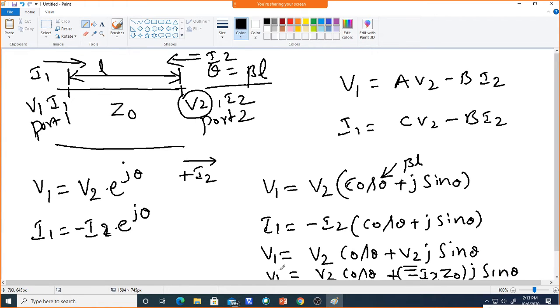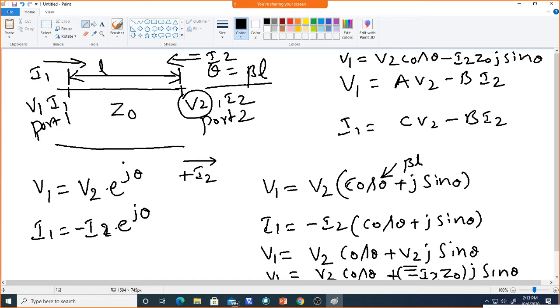Now we express V1 in terms of V2 and I2 and compare the values of A and B. So V1 equals V2 cos theta minus I2 Z0 j sin theta. If you compare this, B will be j Z0 sin theta and A will be cos theta. Similarly, you find the equation for I1.